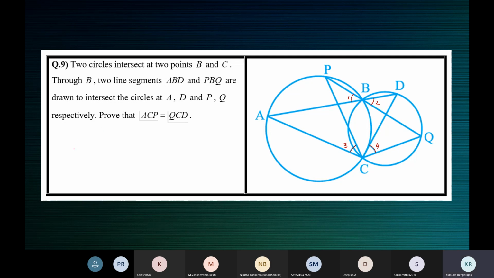So I'll mark some angles here. Is angle 1 equal to angle 3? Name angle 1, children. How do you name this angle?